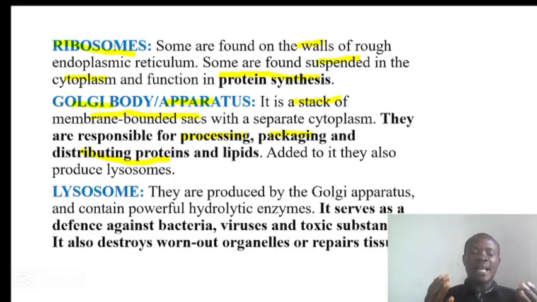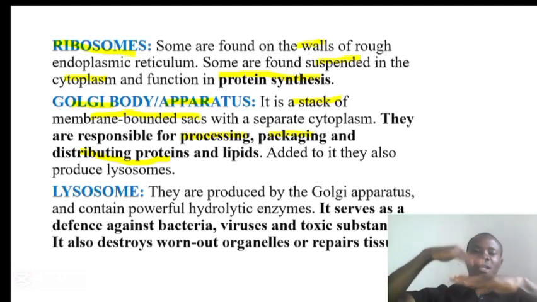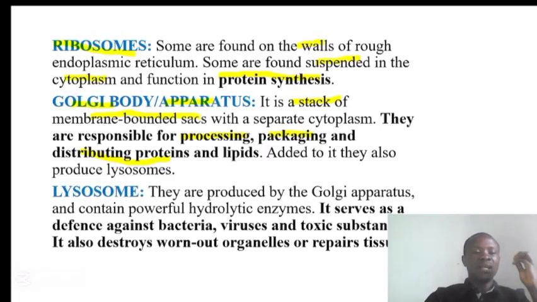What does stack mean? It means they are lying on top of one another. This one is on this one, this one is on this one. And I said they are responsible for processing, packaging, and distributing proteins and lipids within the cell. Also, they help to produce lysosomes.